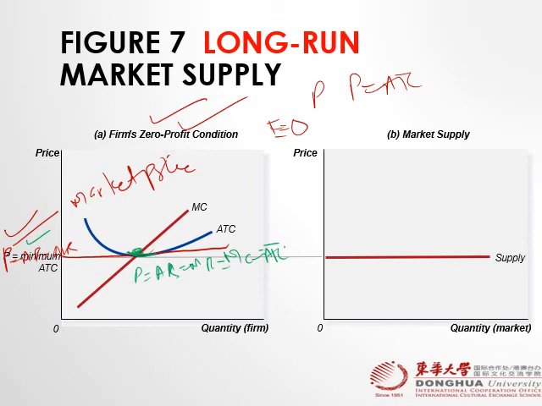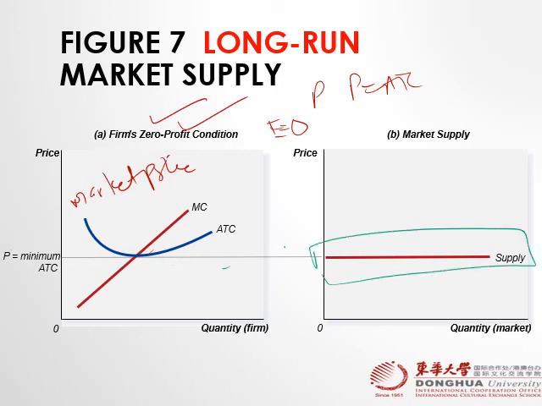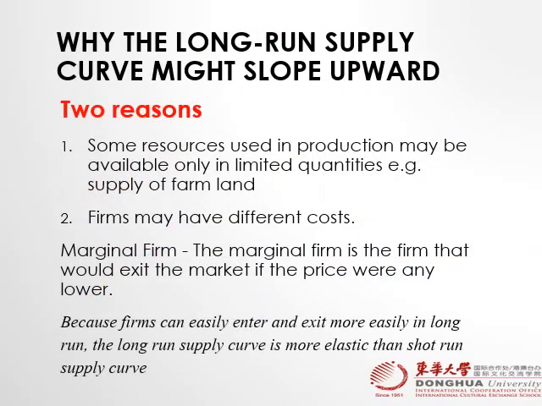Here it is, right? So you see that the price is the minimum of the average total cost. Minimum of the average total cost means that here in the long run, the supply curve would be horizontal. So can it be upward sloping? So let's see, in only two cases or two reasons.